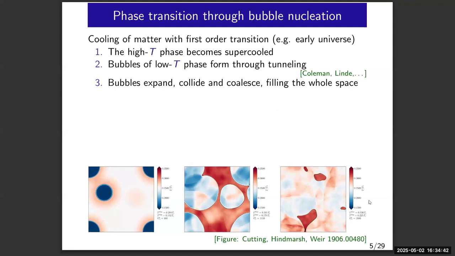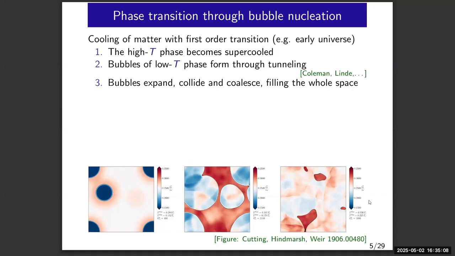First, you cool down the temperature, and when the temperature goes below the critical temperature, the system is still in the high T phase, but it becomes supercooled. Then you form these bubbles of the low temperature phase through quantum tunneling, and these bubbles expand, collide, and coalesce, eventually filling the whole space.